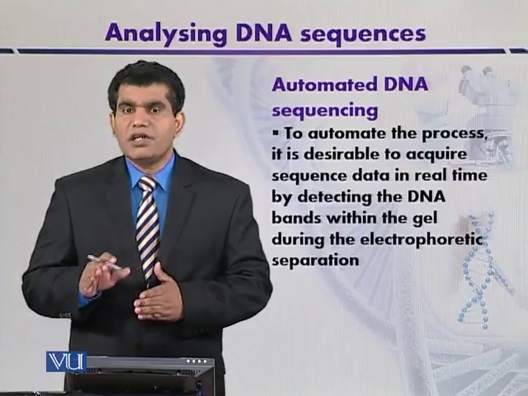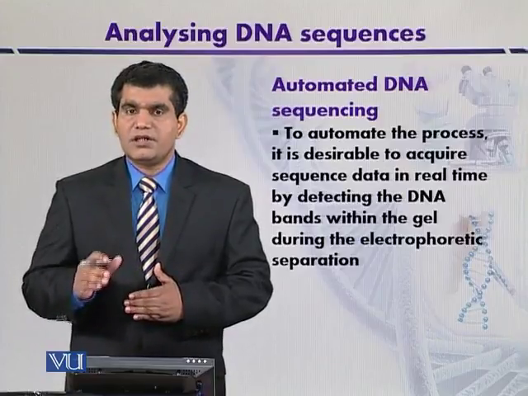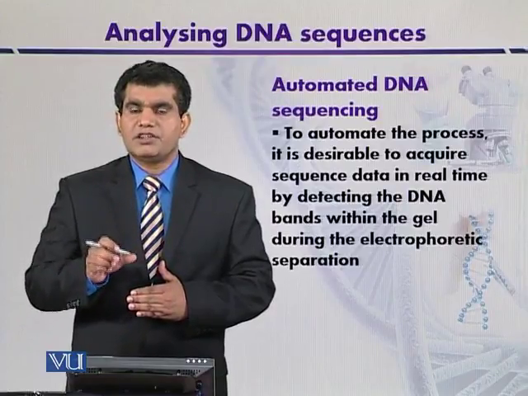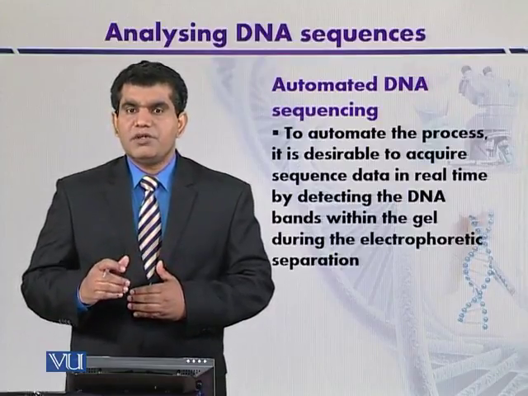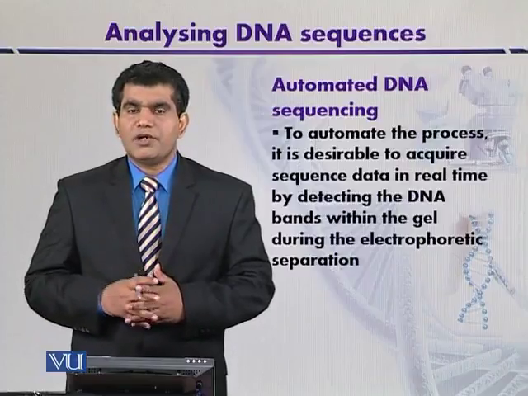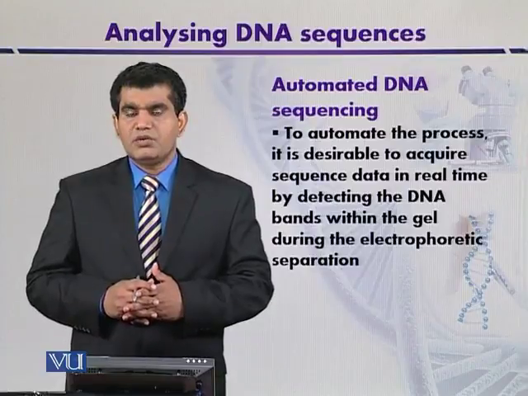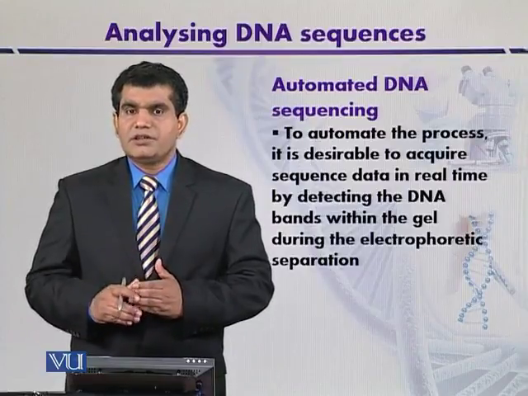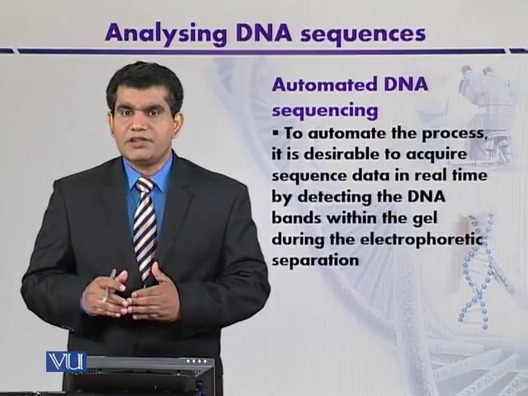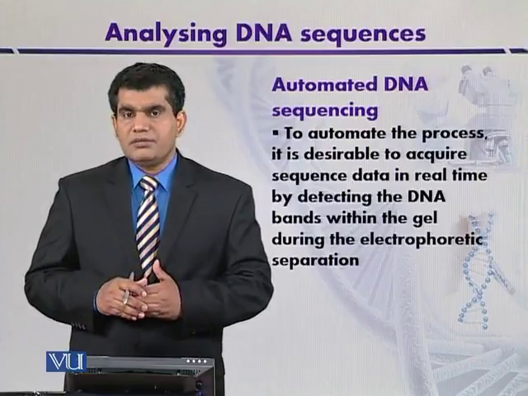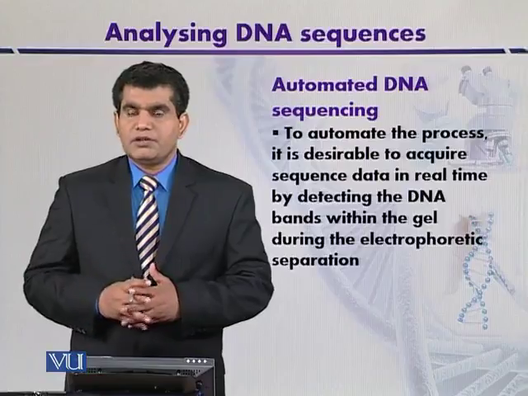So 4 lanes are not required, rather the 4 mixtures will be run on the same lane and they will be separated depending upon the length of the DNA fragments. So the detector will detect the emission of different dyes, and each emission that has a particular color will belong to a particular base.